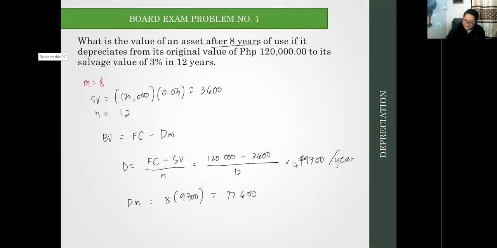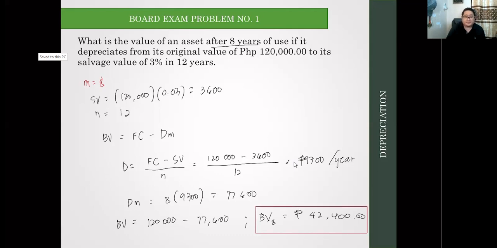And then the book value will be the first cost, 120,000, minus the 77,600. So the book value at the end of 8 years will be 120,000 minus 77,600. So its value after 8 years will be 42,400 pesos. Okay?